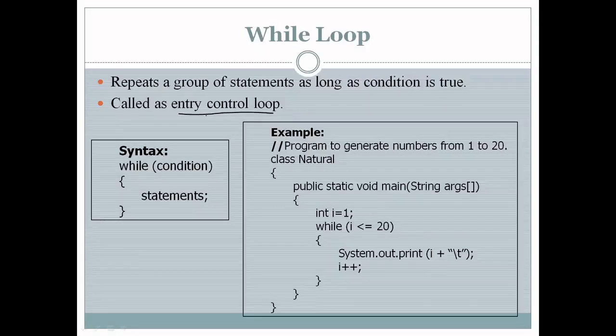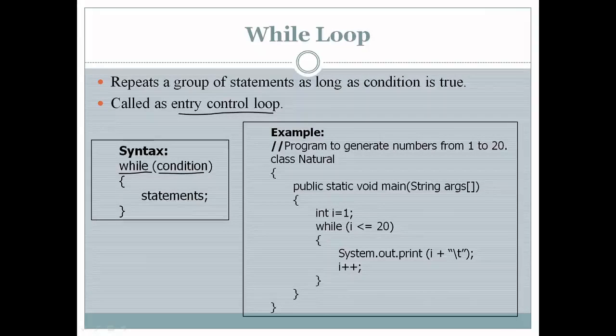So let us look at the syntax of while loop. The syntax is the keyword while, and in round brackets we have the condition. This condition evaluates to a value that is either true or false.